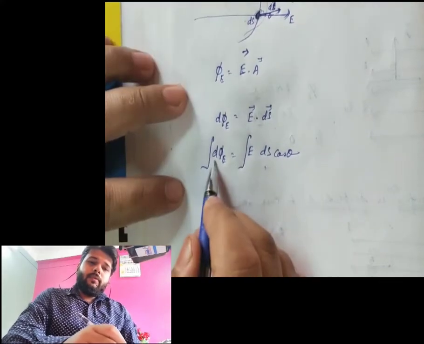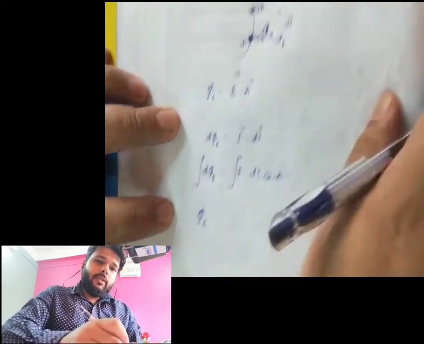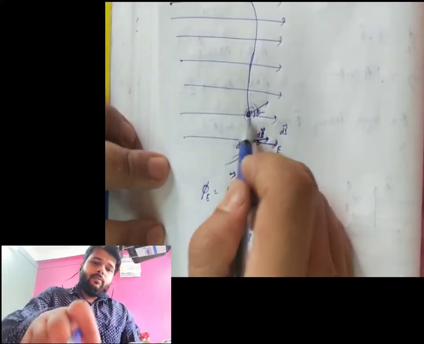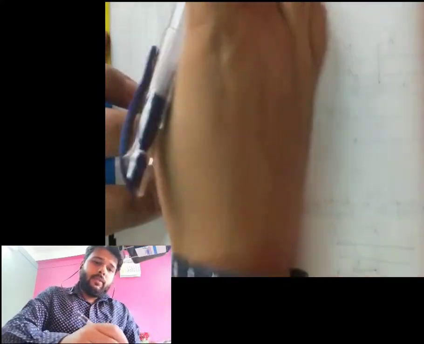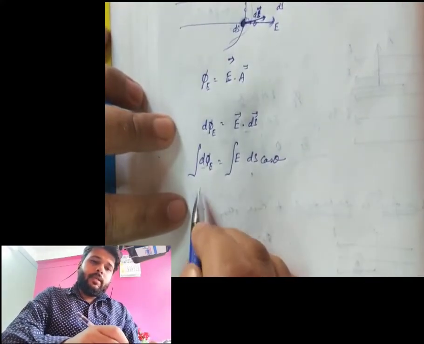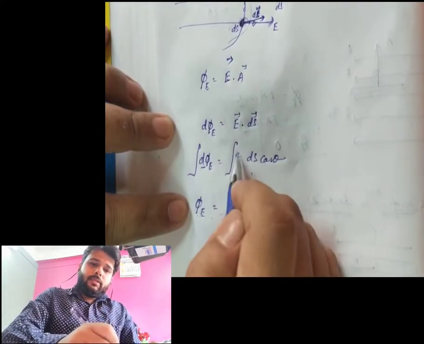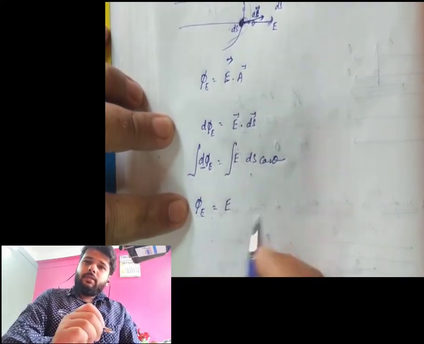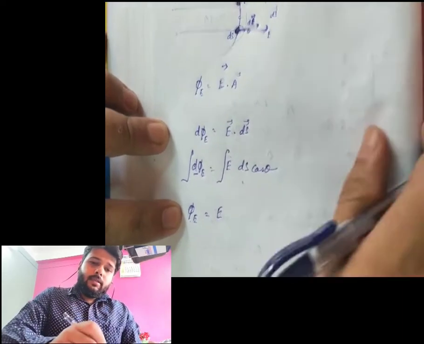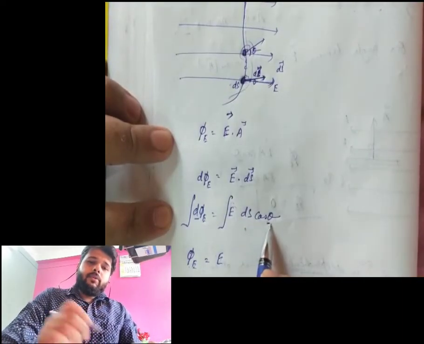This d phi E was small electric flux. If I add all the electric flux related with all the small surfaces, we will get the total electric flux. If we integrate d phi E, we will get phi, that is the total electric flux. Here E is constant, and theta will also be constant. Why?